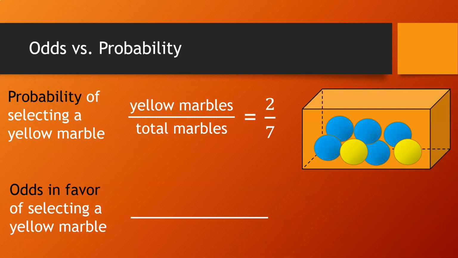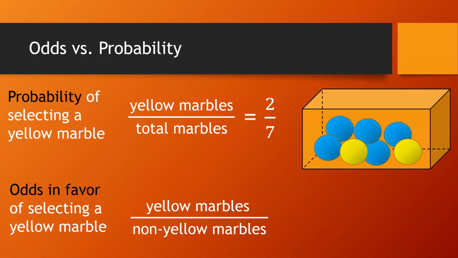For the odds in favor of selecting a yellow marble, we would compare the number of yellow marbles to the number of non-yellow marbles. So everything that is compared to everything that isn't. And in this case, there are 2 yellow marbles, 5 marbles that aren't yellow, so the odds in favor of selecting a yellow marble are 2 to 5.